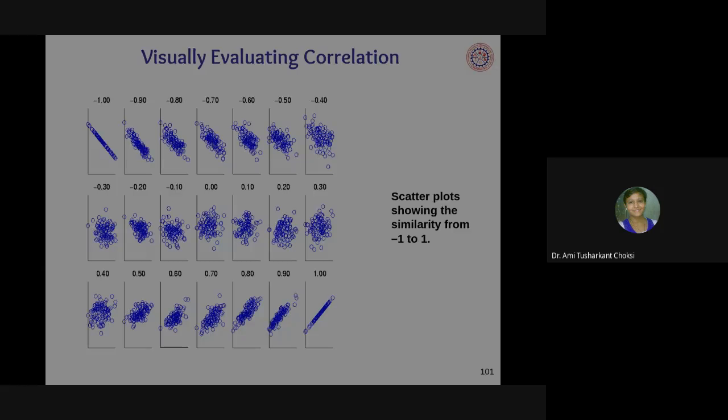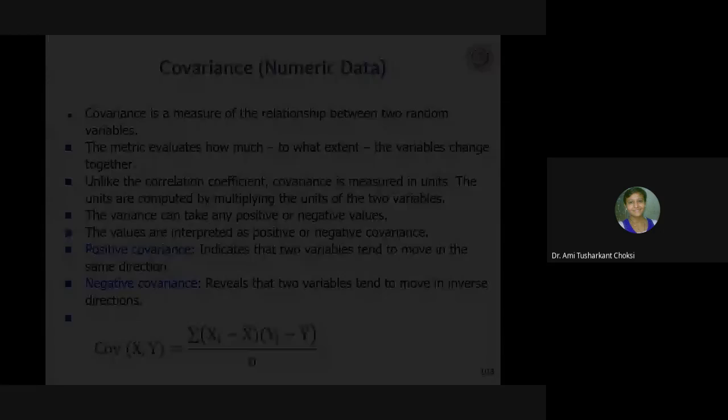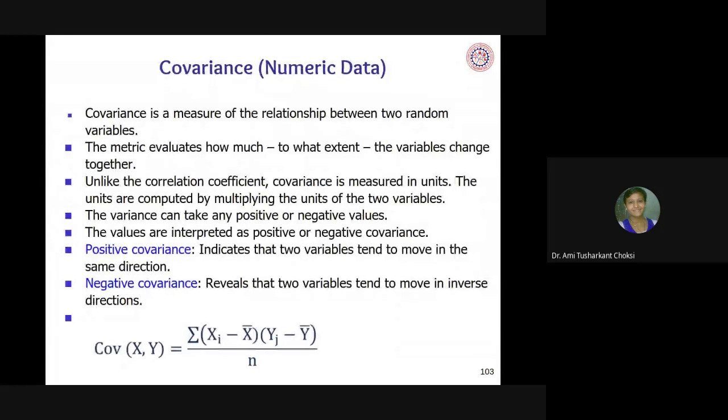Fine. Okay, so next what we want to learn is covariance. As we have already talked of the relation between two variables, we can find it with the help of correlation or covariance. Fine. So correlation we have seen. Now we want to know about the covariance. So what is that? Covariance is a measure of the relationship between two random variables.